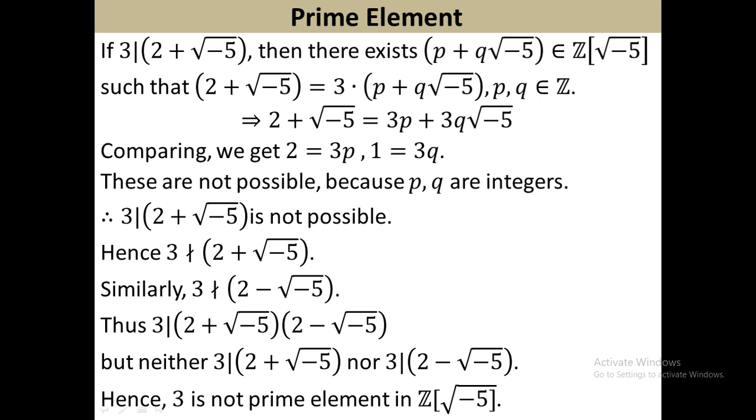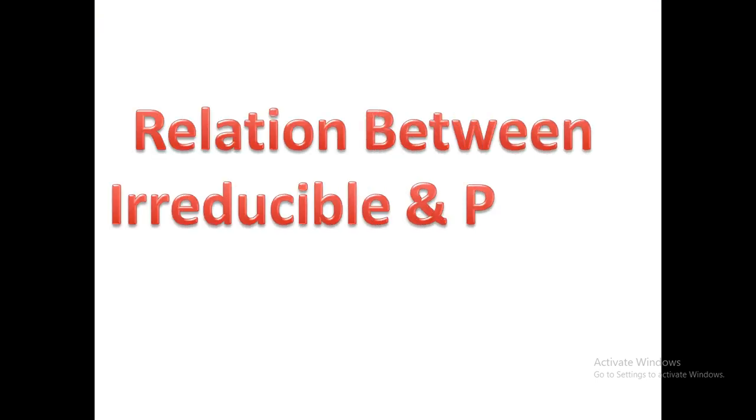This is a very important example. This example concludes that every irreducible element is not necessarily prime. In the next video, I discuss the relation between irreducible element and prime element. This is part 5.